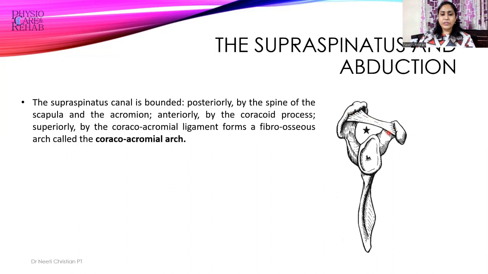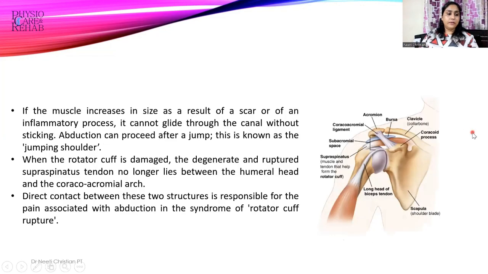It forms a fibro-osseous tunnel or arch, called the coracoacromial arch. The star part you can see here is the coracoacromial arch. So why is it important? Let's see here.